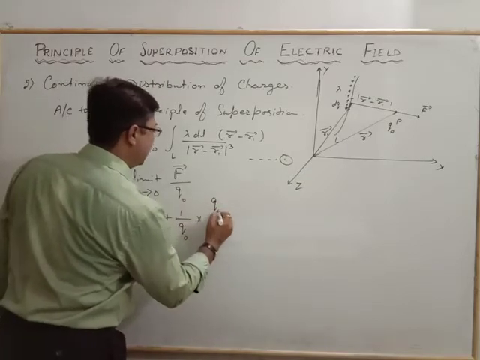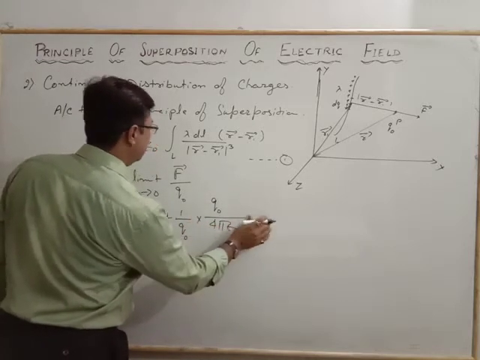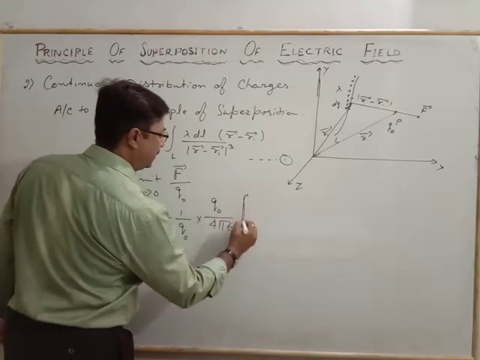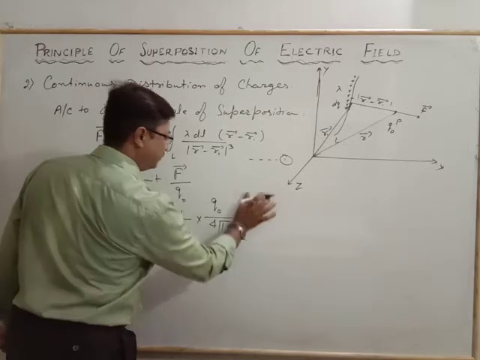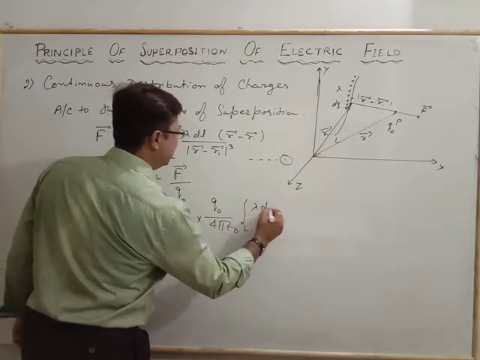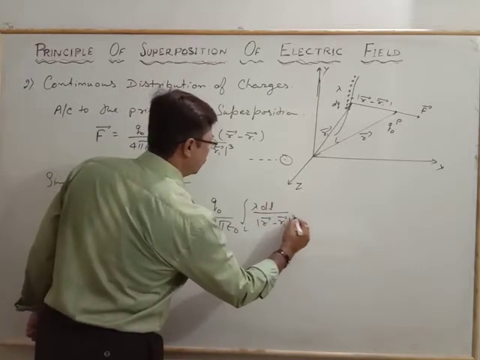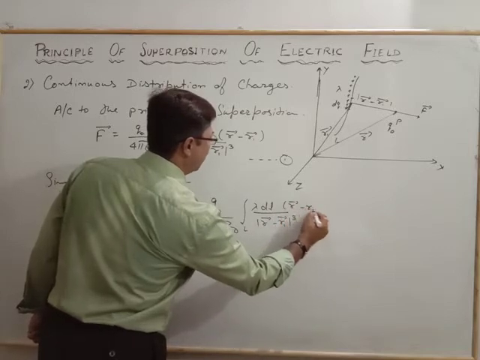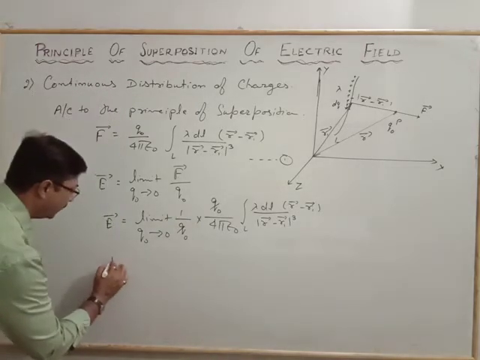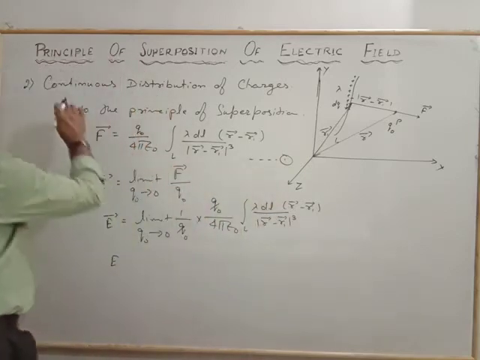In place of this we have q naught by 4 pi epsilon naught, and integration over the length L of lambda dl by the magnitude of r vector minus r1 vector whole cube, times the r vector minus r1 vector. Now q naught is cancelled, so we write the electric field due to the continuous distribution.